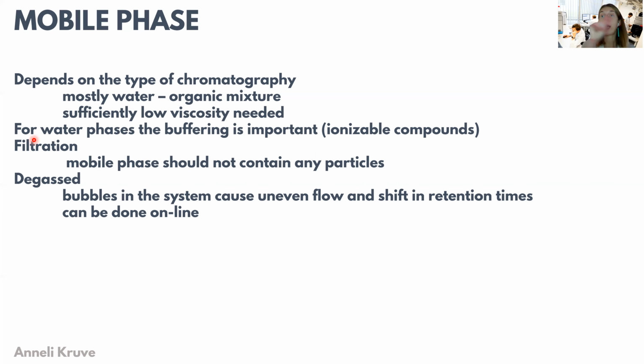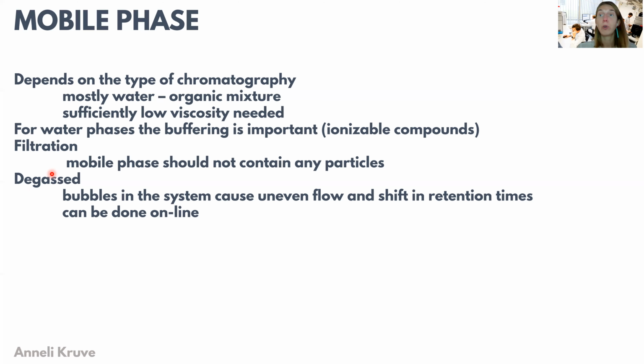Usually the tubes that carry the mobile phase from the bottles to the pumps also have small filters, but additional filtering with about 0.2 micrometer pore size filters is suggested to avoid any kind of potential clogging, any particles reaching our system and damaging our HPLC instrument.